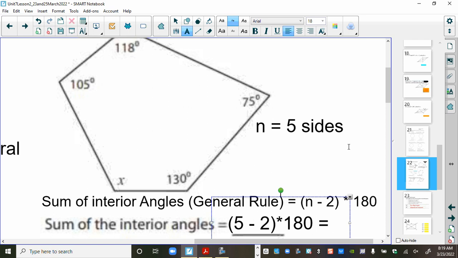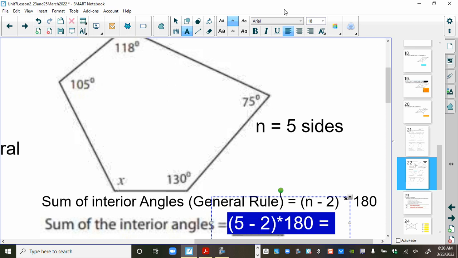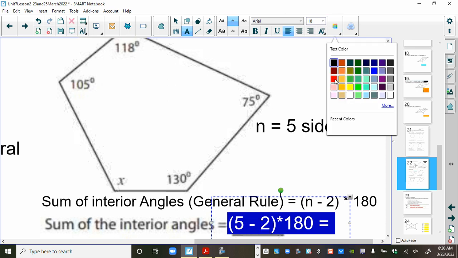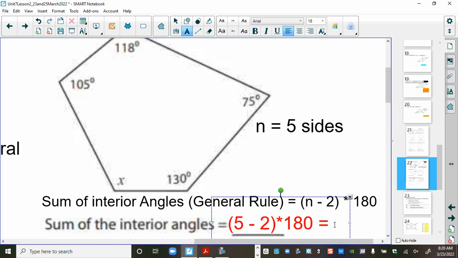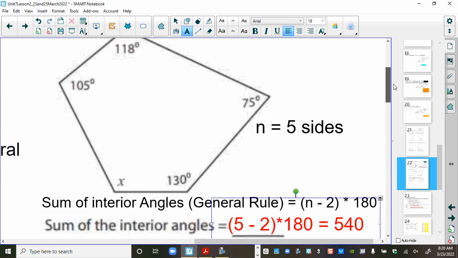So really quick, when we do the math, what would we get? You get 540, right? So then, what must the sum of these 5 angles add up to be? Sum of the 5 angles has to add up to how many degrees? 540.